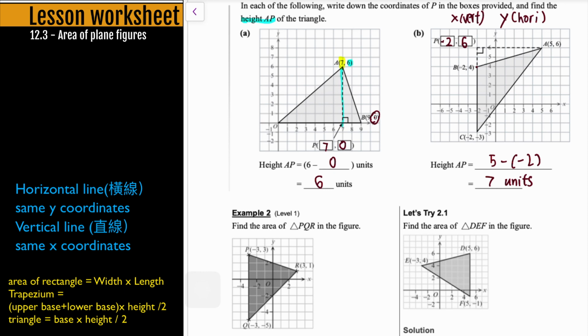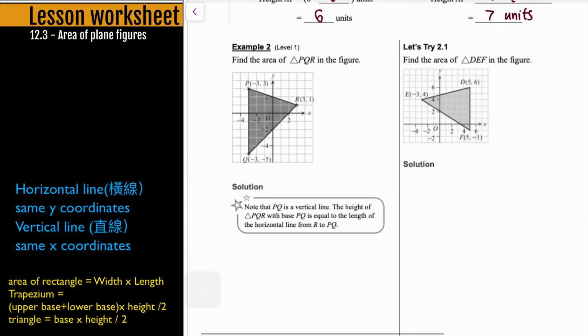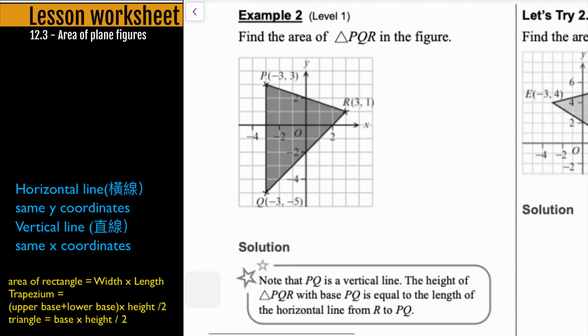Now we find this area PQR. We know that PQ is a vertical line, so we can just extend one part. Do you get it?